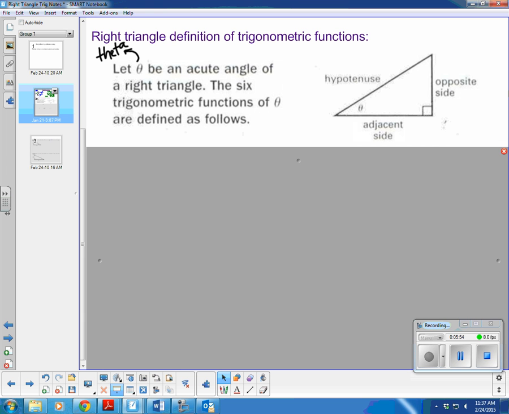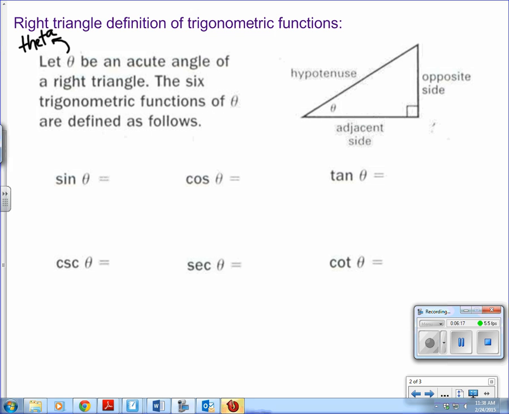We are on page 37, okay? And leave a few lines at the top because we wrote some stuff above this. Okay, so theta is always an acute angle.